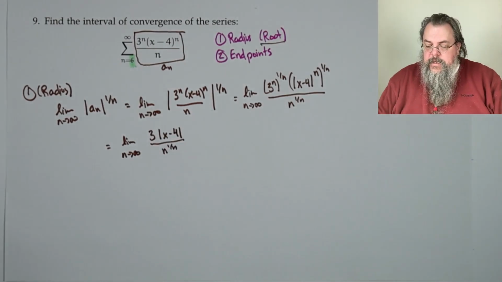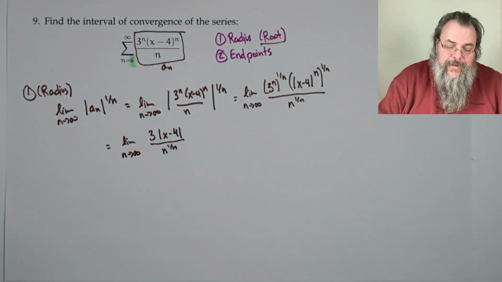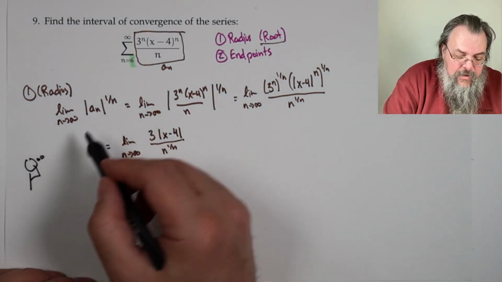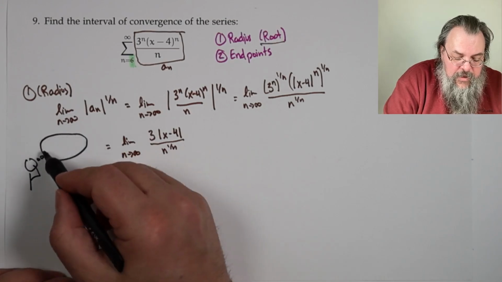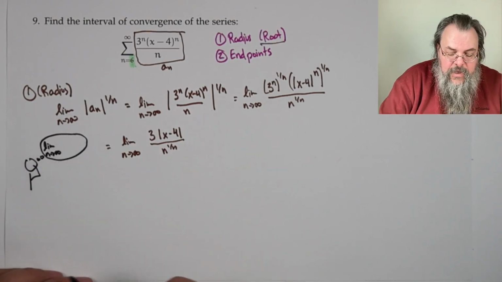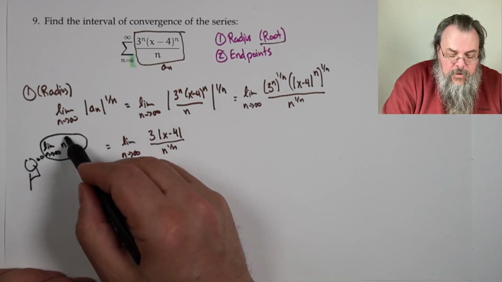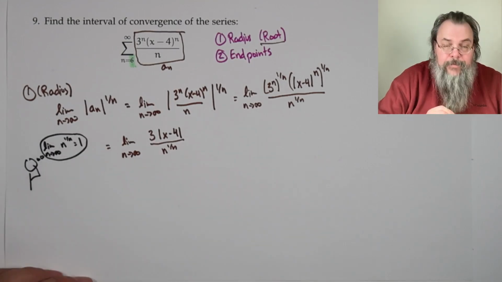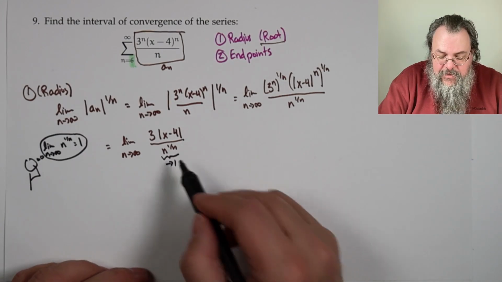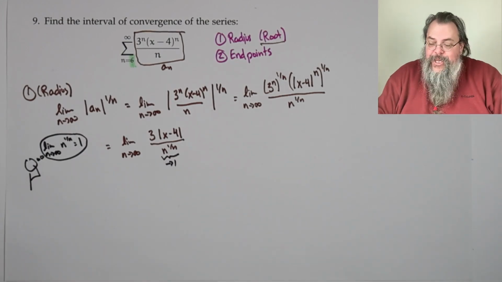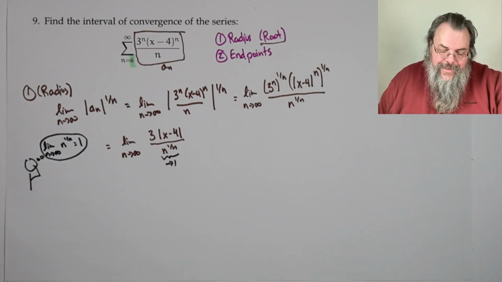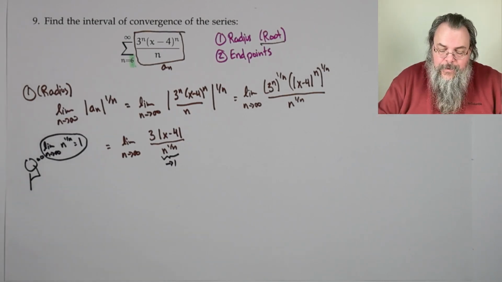At this point, you wonder how to handle the downstairs. But there's a nice fact about limits. It's so good it's on the formula sheet: the limit as n goes to infinity of n to the 1 over n is 1. So this part downstairs goes to 1, and that's the only thing that involves n. Life is wonderful.